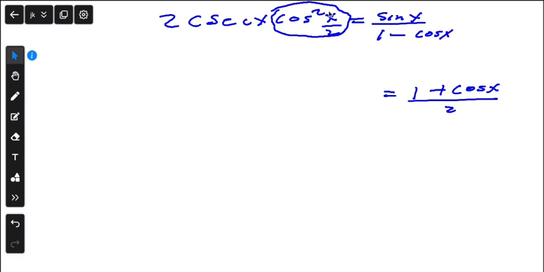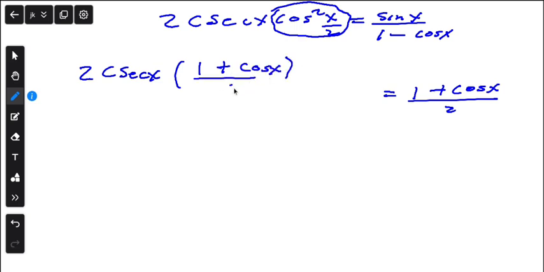Now, in the place of cos squared of x divided by 2, I'm going to put this one. So we have 2 cosecant x, then open bracket, we have (1 plus cos x) divided by 2.